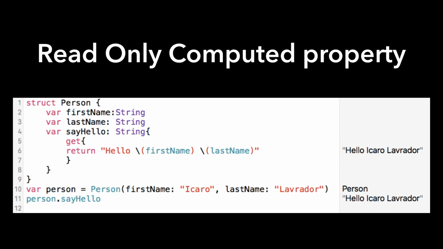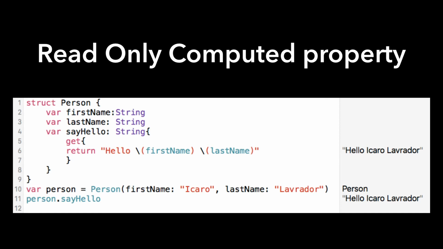Then I have sayHello, that's a computed property, and what it does is return hello, then the first name, and then the last name. It's very simple, a very good example to learn, and this is a read-only computed property.